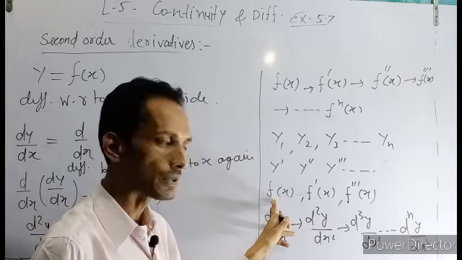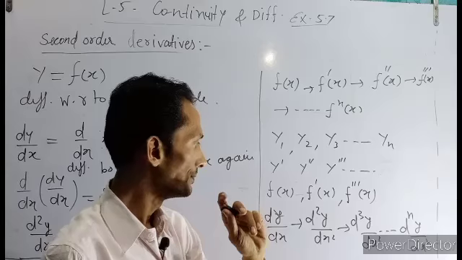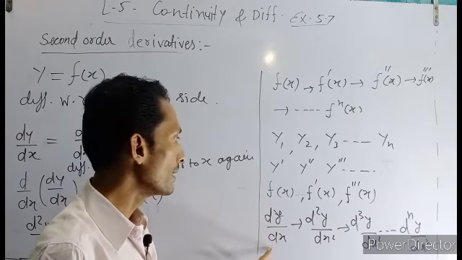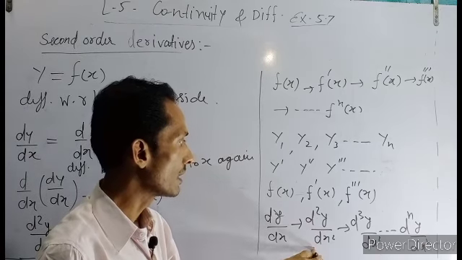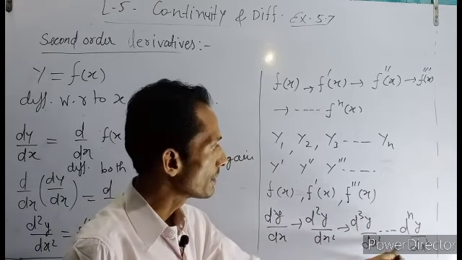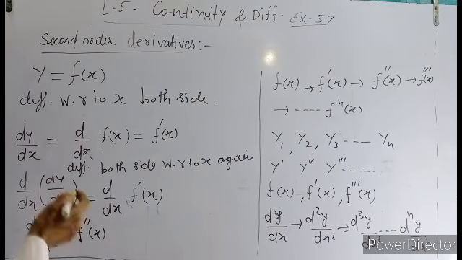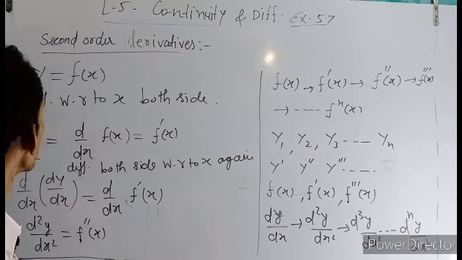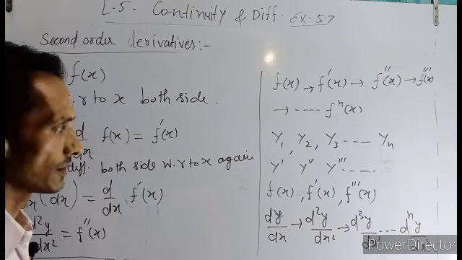In the form of function, f(x), f dash x, f double dash x, f triple dash x and so on. Similarly dy by dx is the first derivative, d square y by dx square is the second derivative, then the third and nth derivative. In this way we can differentiate different kinds of functions with respect to x in the order of first, second and third and so on.